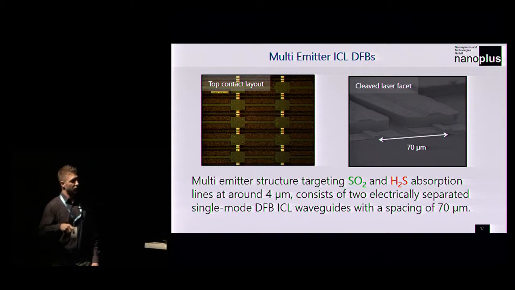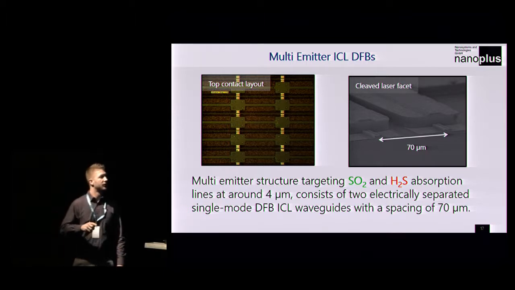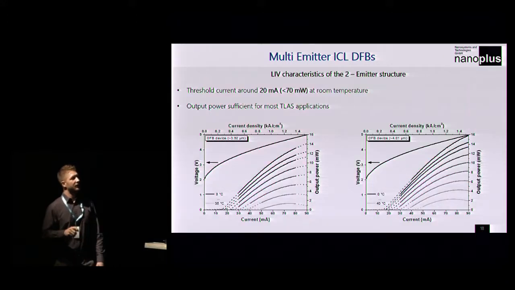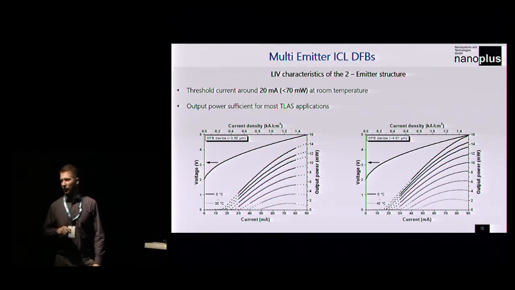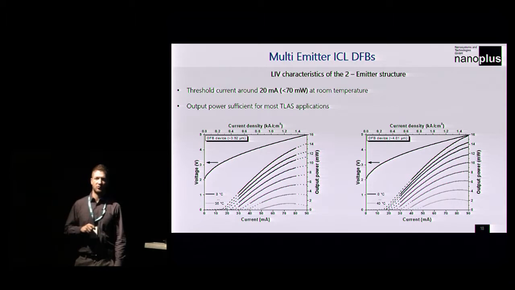So in the end we fabricated this multi-emitter structure, and as I said, with a pitch of around 70 microns. Here the LIV characteristics are shown. Threshold currents around 20 milliamps, which is really low for mid-infrared devices, were reached. Here the lines represent the areas where the laser is operating in single mode, and the output power is sufficient for most TDLAS applications.